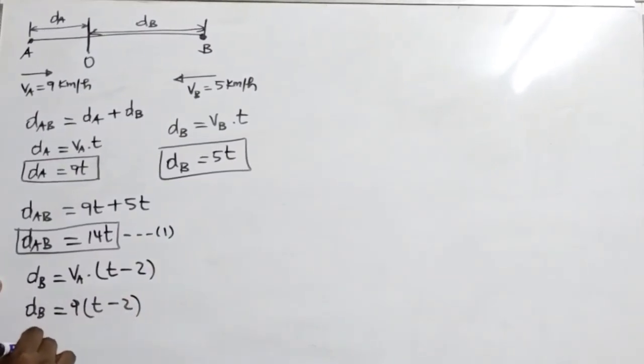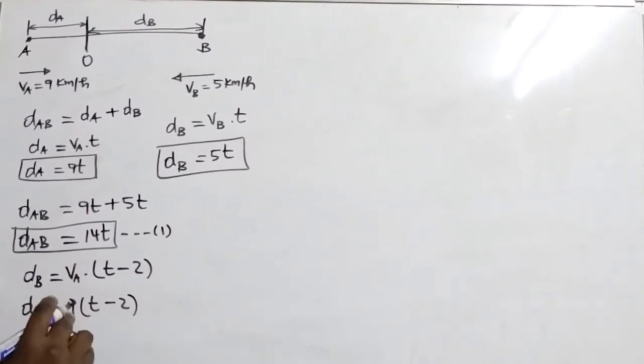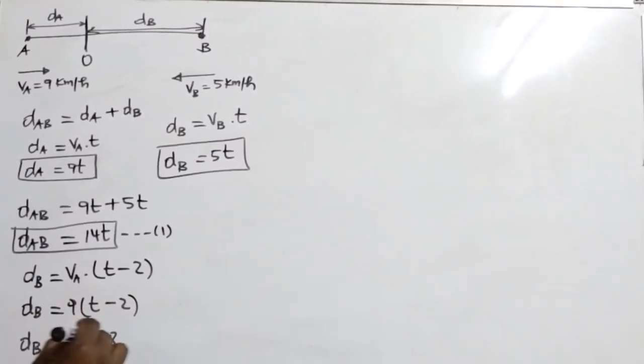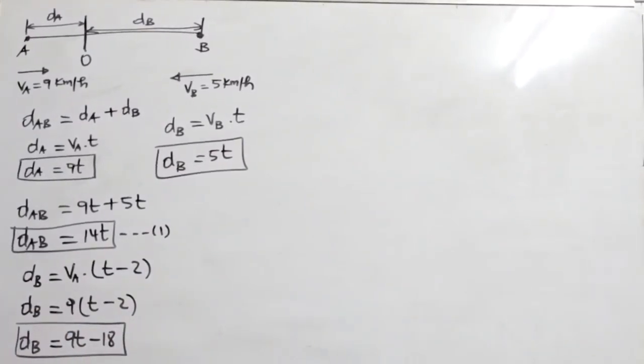Then dB will be equal to 9t minus 18. This is yet another equation we have just found.